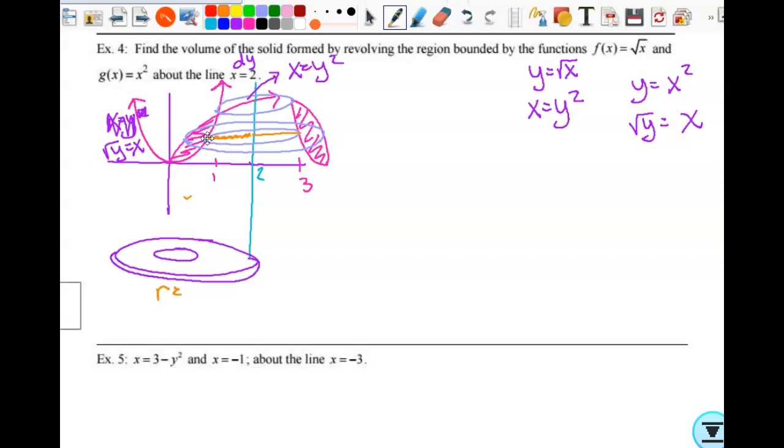Remember we're going to the y-axis here. This is going to be 2, and then I have to subtract out the rest of that, and the rest of that is the square root of y. So this is just 2 minus the square root of y. Big R is going from here all the way to here. Big R is right here. So that's going to be 2 minus y squared.